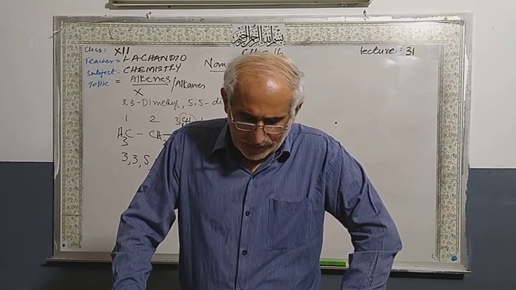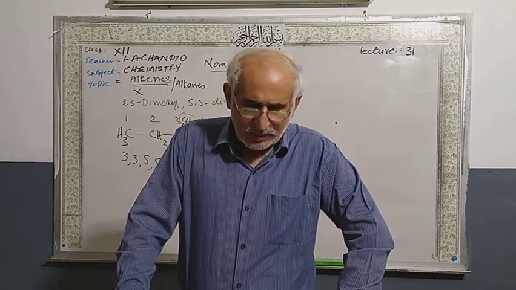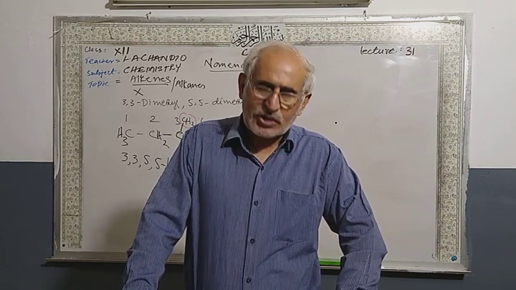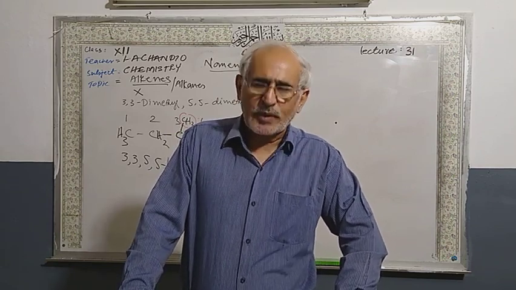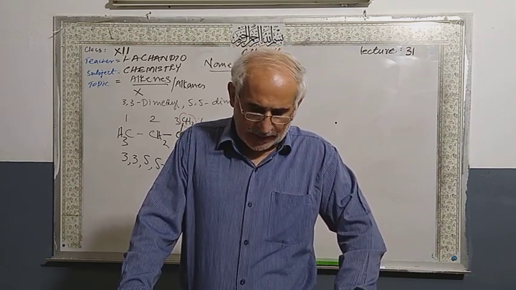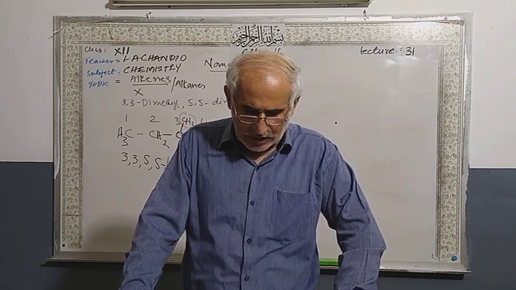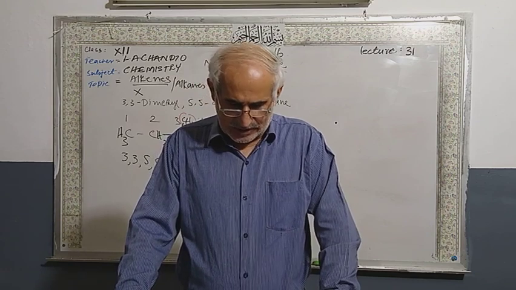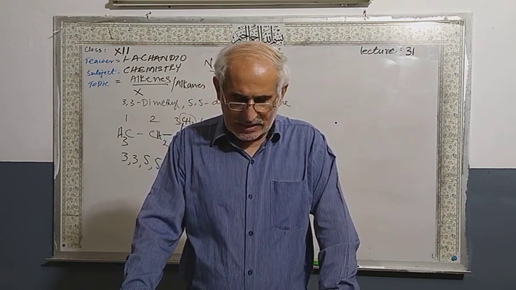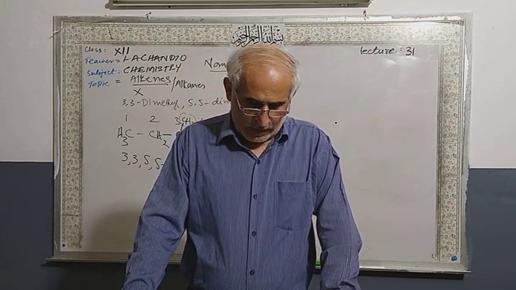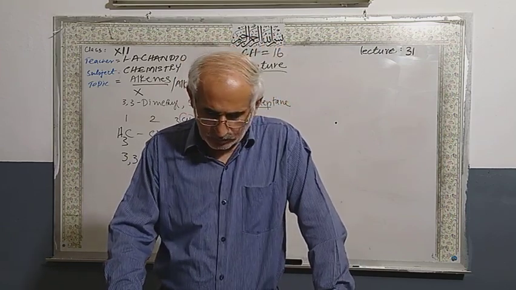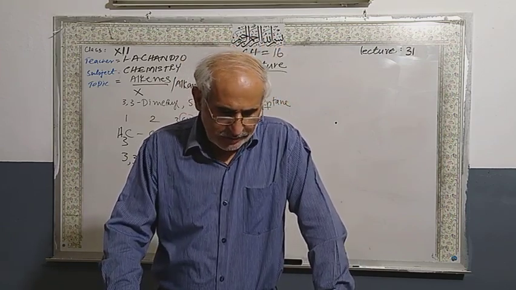So due to the non-polar nature, alkanes do not react with oxidizing agents and acids, and strong sigma bonds are present between carbon and hydrogen. So that's why they show less reactivity towards oxidizing agents and acids. But under suitable conditions, they can react.